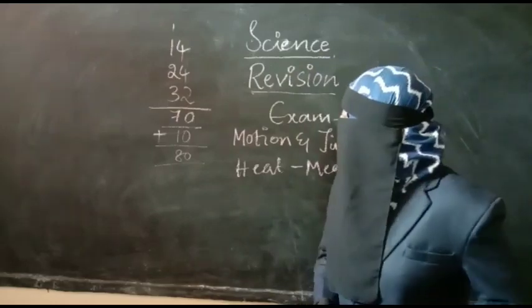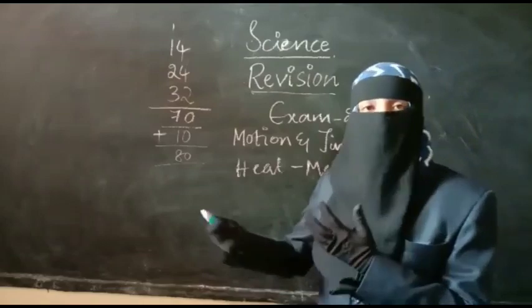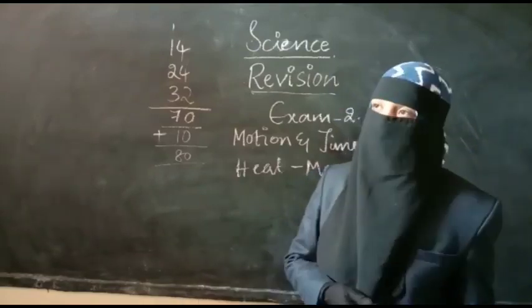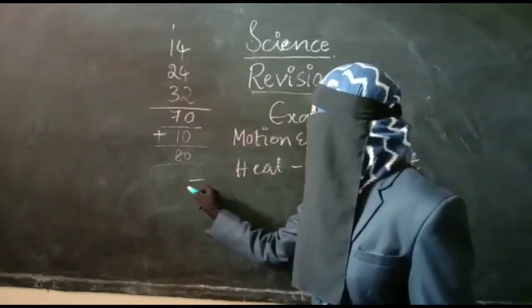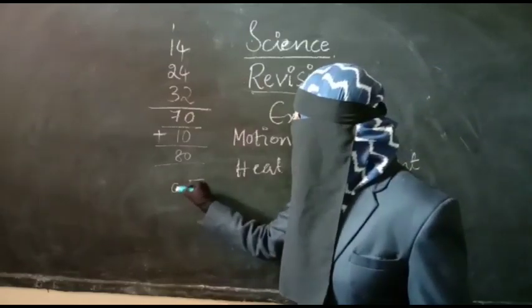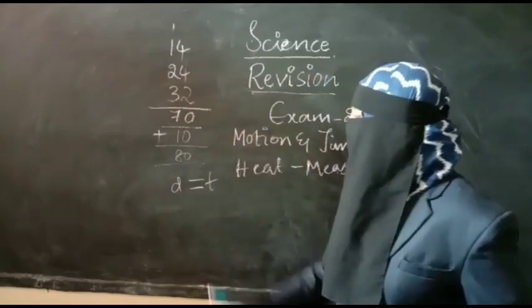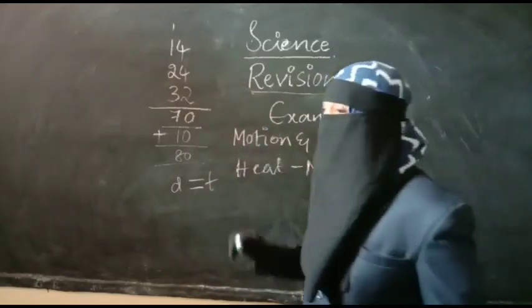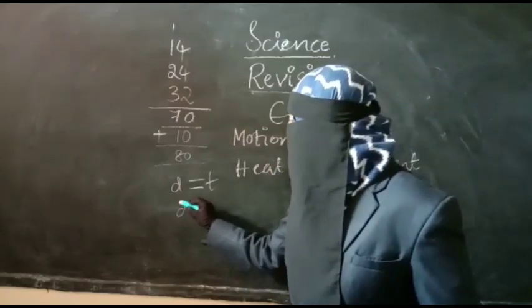Here we have learned about uniform and non-uniform motion. Motion can be either uniform or non-uniform. If an object covers equal distance in equal intervals of time, the distance covered will be equal in equal intervals of time. That is uniform motion. The other kind of motion is where the distance covered will be unequal.